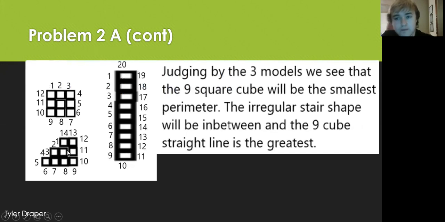In this one, all the cubes are being used for perimeter. So as we make a 9 by 1, 9 square cubes in a line, that's going to be the maximum amount of perimeter for this equation. I hope you understood that.